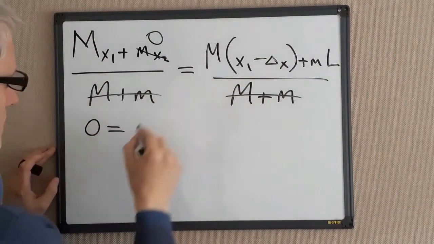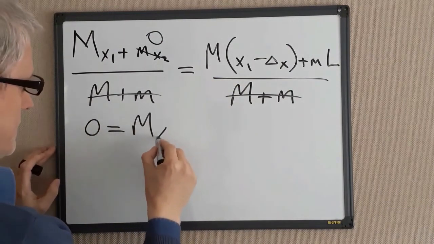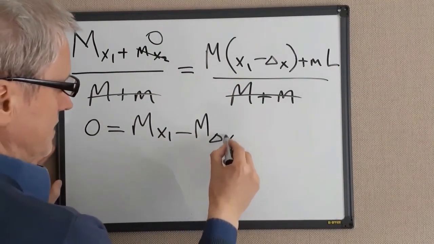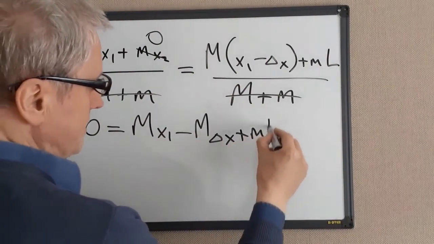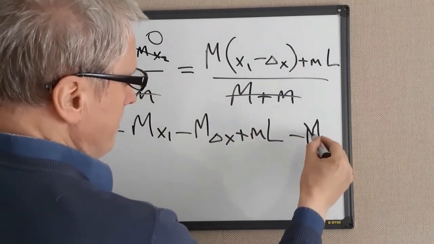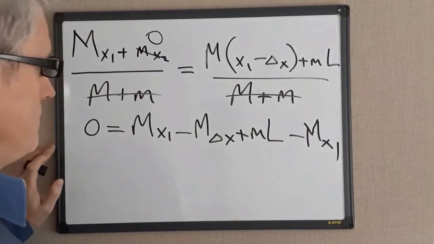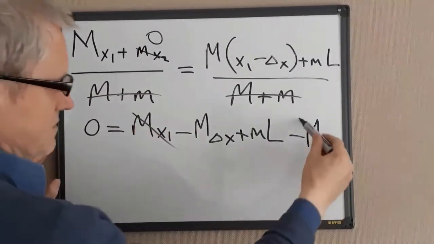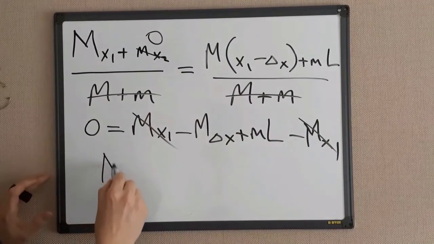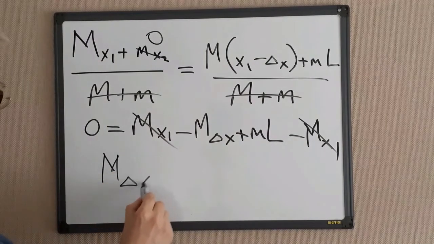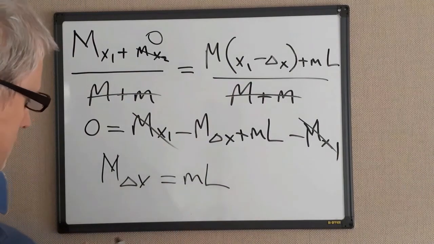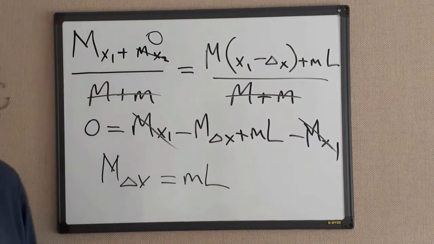So you've got 0 equals, multiply out the brackets, mx1 minus m delta x plus ml minus mx1. mx1 cancels with mx1. That goes over to that side and becomes positive. M delta x equals ml.